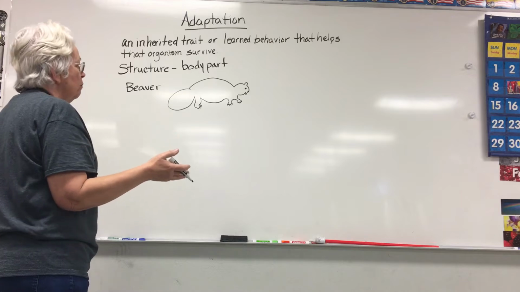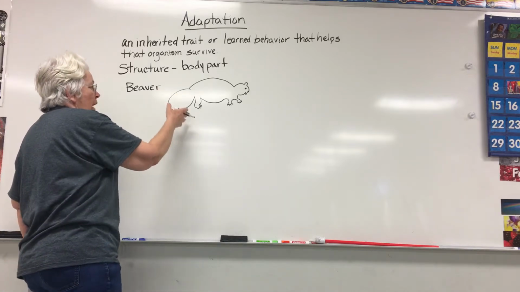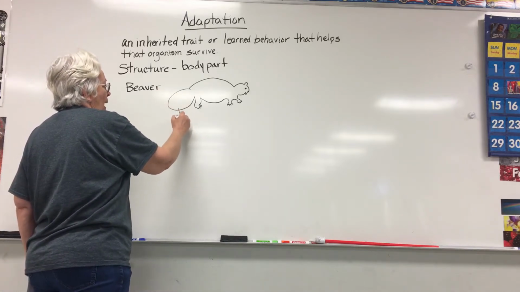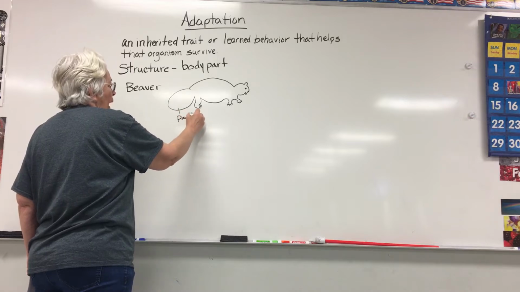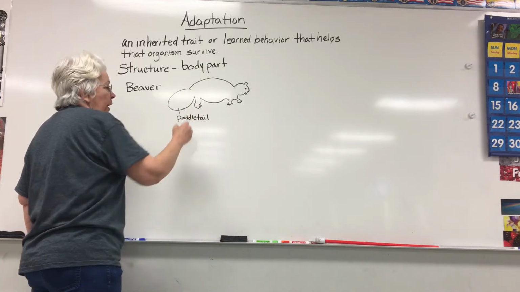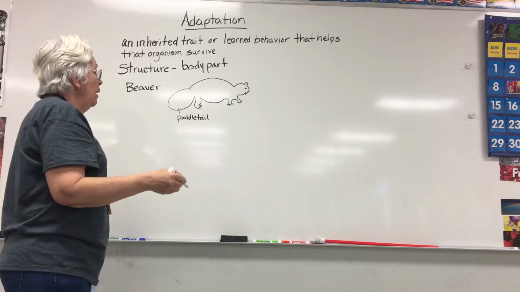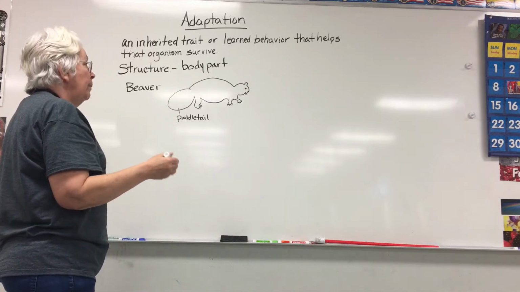And of course the very first one that we notice is this great big old tail here. We'll call that a paddle tail. And that tail not only helps him swim, but it also helps him build his home.